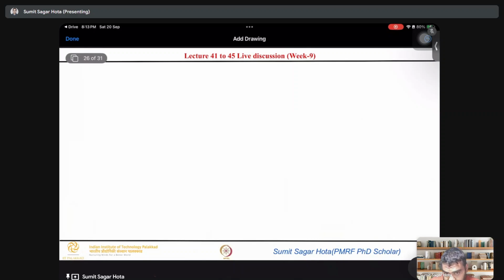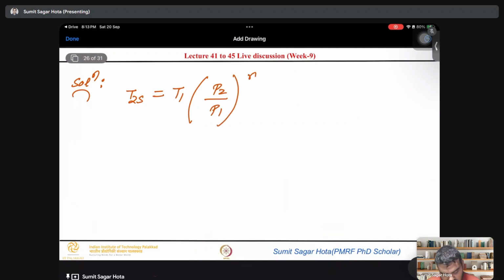Okay, so let's solve it. T2S is equal to T1 into P2 by P1 to the power gamma minus 1 by gamma.